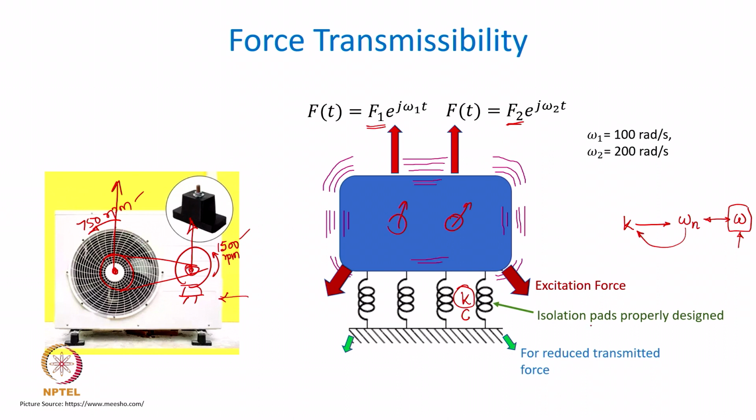So, when I say isolation pads should be properly designed, it means that you need to design the value of k in a way that broadly omega over omega n should be greater than 3. Again, let me repeat, this number is not sacrosanct, there is no formula or proof to say that it is 3, it is just that in practice people tend to use this number as some kind of a benchmark.